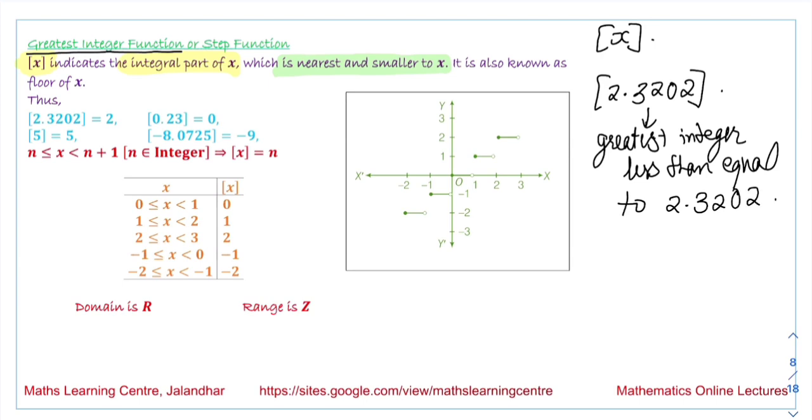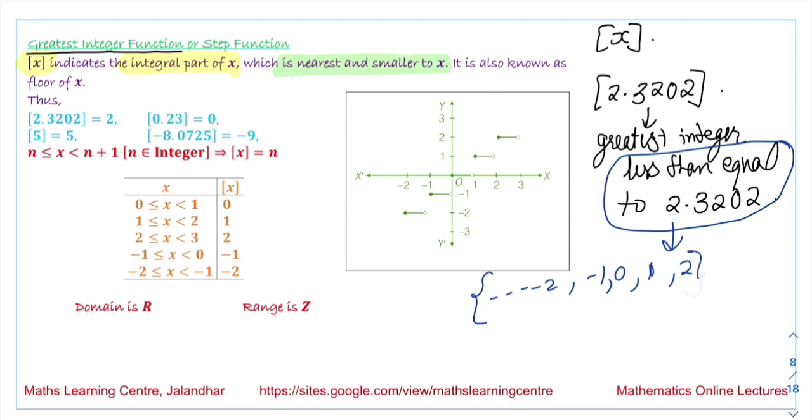First of all, we are listing the integers less than equal to this. The integers less than equal to this number are 2, 1, 0, minus 1, minus 2 and so on. This is the set of integers less than equal to this number. And what is the greatest of all these integers? It is equal to 2. So the greatest integer value of this number is 2.